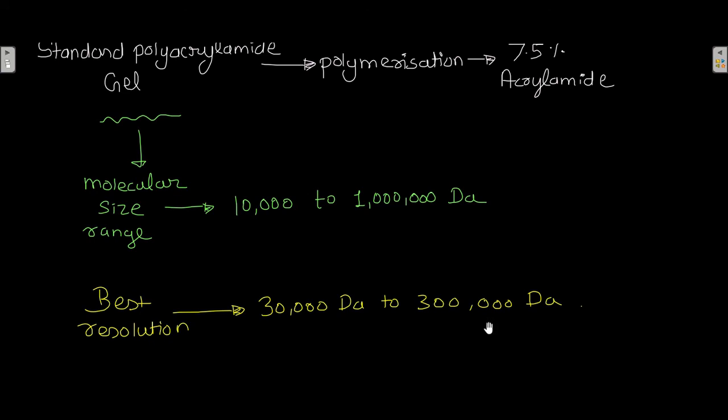So if you are using a standard polyacrylamide gel formed by the polymerization of 7.5% acrylamide, you should use that gel to separate molecules which have molecular weight in this range, from 30,000 Dalton to 3 lakh Dalton.